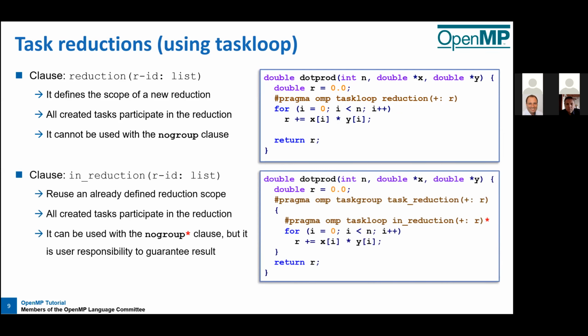Or, if you already have a task group that has a task reduction clause, so you already opened the task reduction and you want that taskloop to also contribute a partial result to that reduction, you can use the in_reduction clause to tell the OpenMP tasks that are created for this taskloop to contribute their result to that reduction that has been opened as part of this outermost task group.